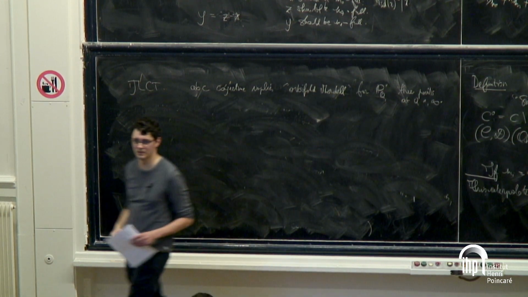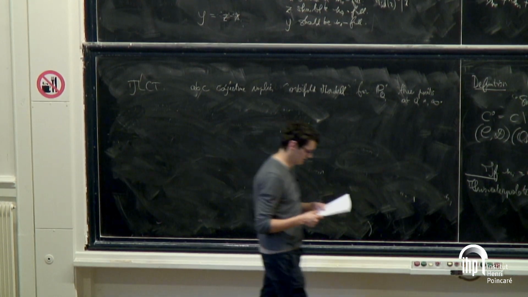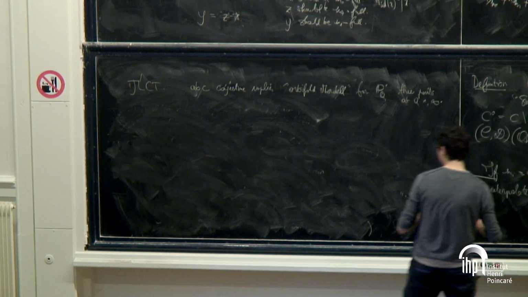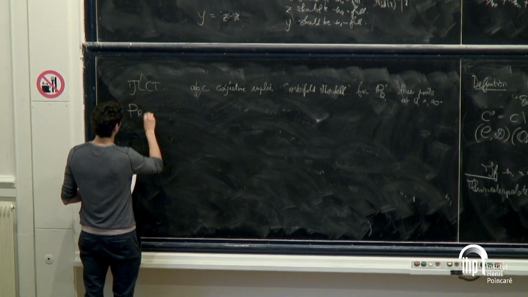So one can deduce from the ABC conjecture that these sets are finite. And in fact, one can deduce a bit more.